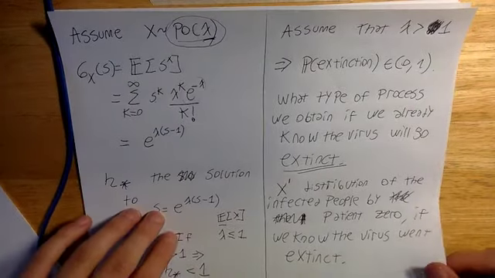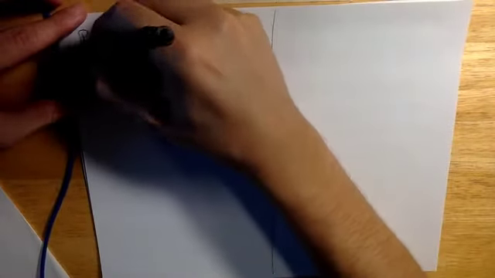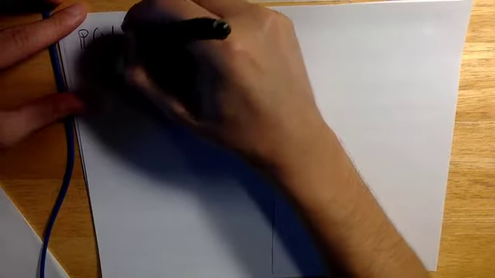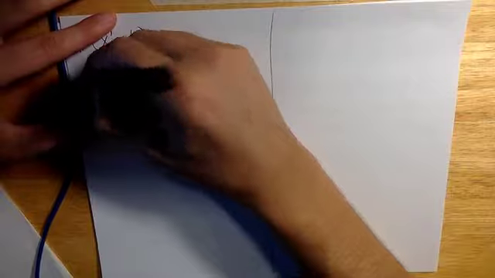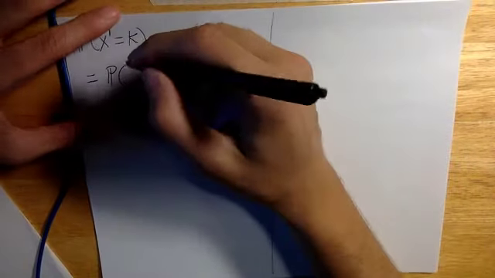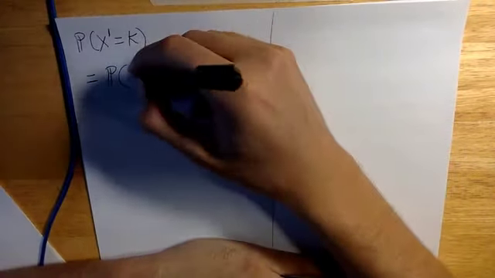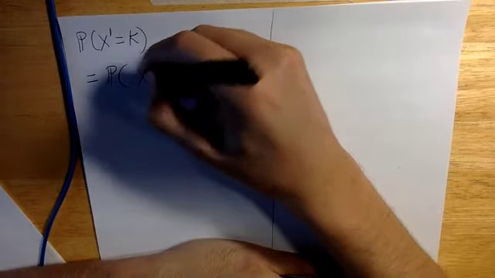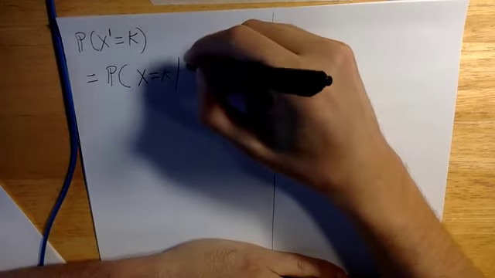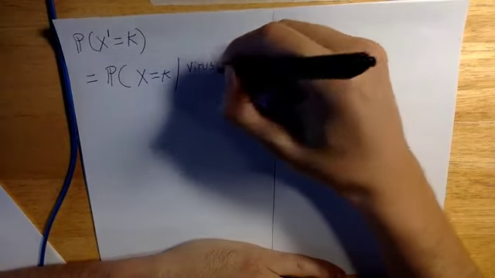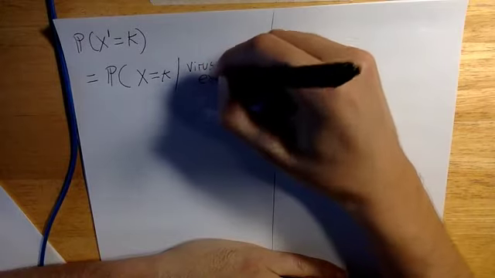So what we want to understand is what is the probability that x prime is equal to, let's say, k, which is equal to the probability that x is equal to k, given that we know that the virus went extinct.